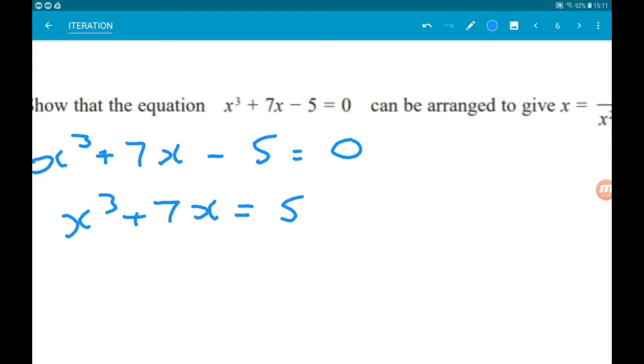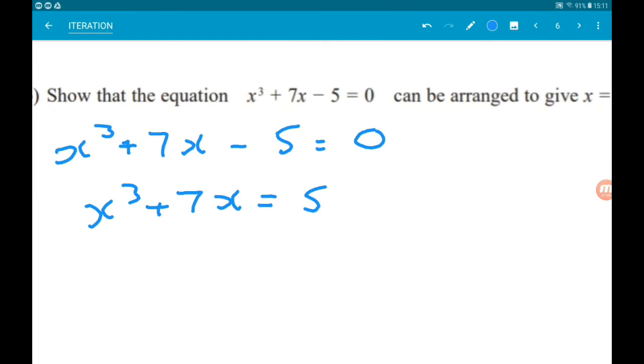So what we need to spot is on the left there is a common factor of x. So we can factorize. So we get x times x squared add 7 is equal to 5.